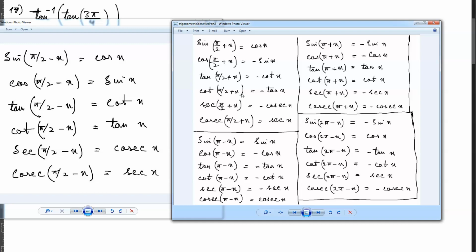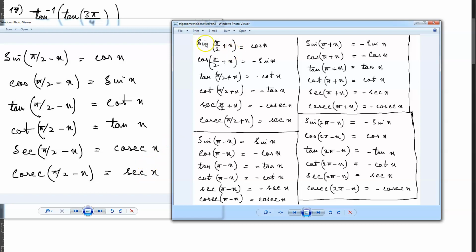You can see that when the angle over here is pi by 2, the trigonometric ratio changes in all of these cases, meaning that sine becomes cos, cos becomes sine, tan becomes cot, cot becomes tan, secant becomes cosecant, cosecant becomes secant.